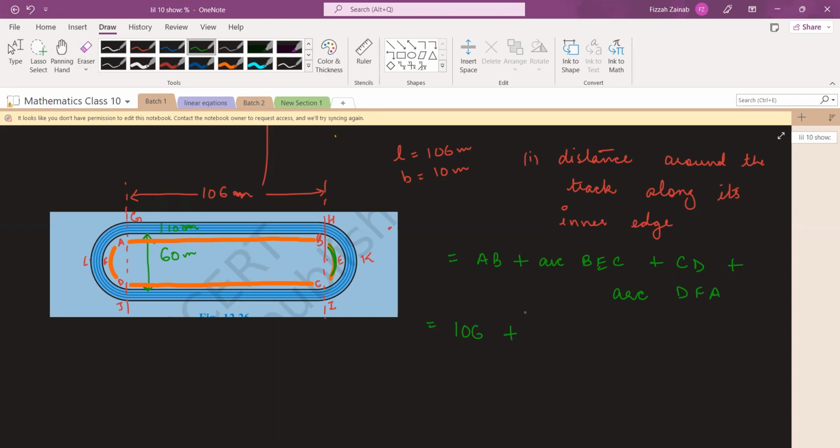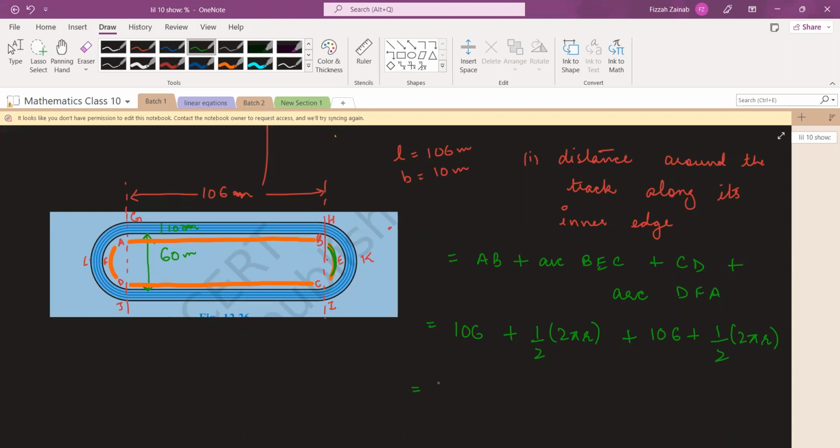That means this length is half of the circumference of the circle, right? Half into 2 pi r. Plus CD again, this is 106, and plus DFA is again a semicircle, so half of 2 pi r. 2 pi r is the circumference, and it's a semicircle, so half of the circumference.